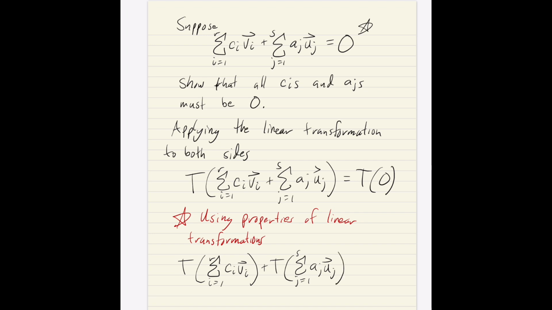And then we know that when you plug in 0 into the transformation, we should always get 0. So that's just a natural result of that.